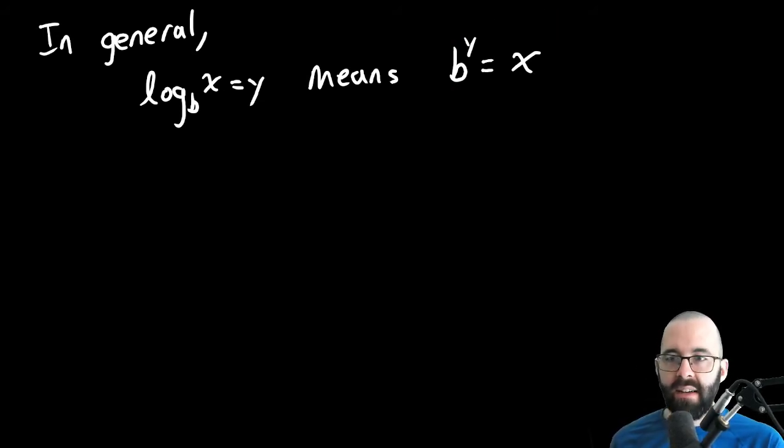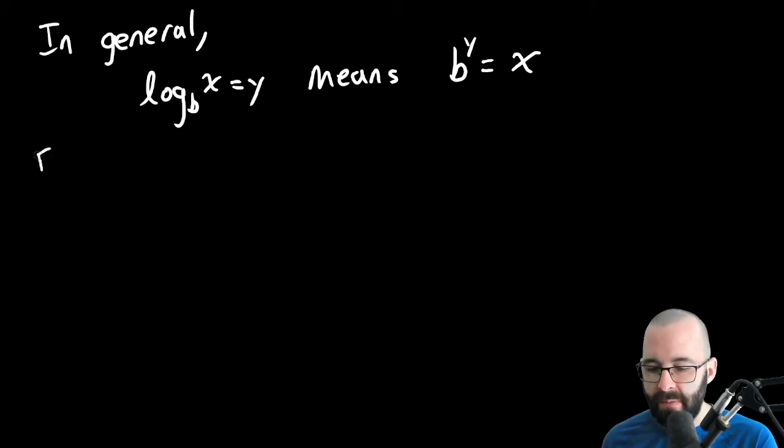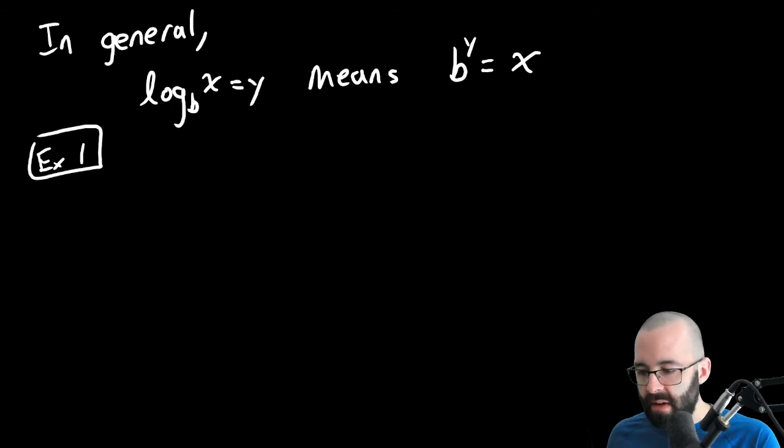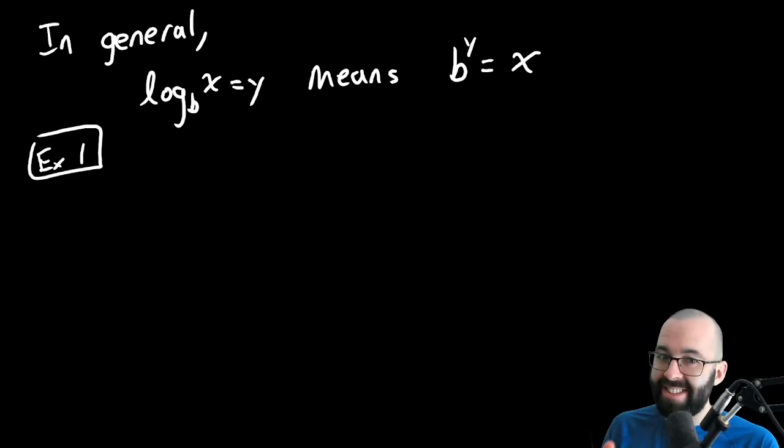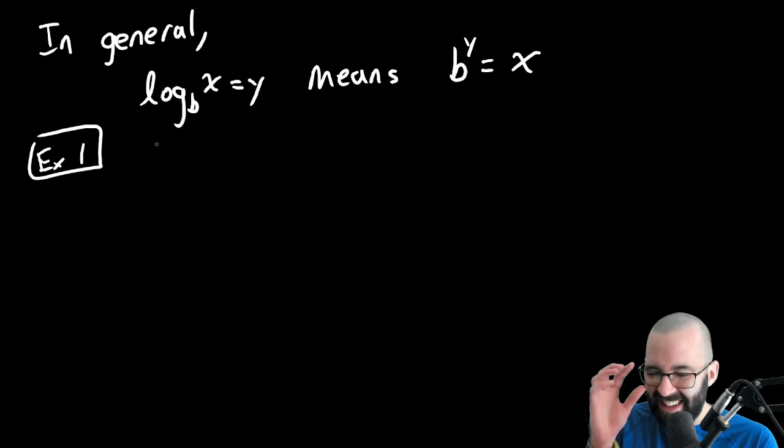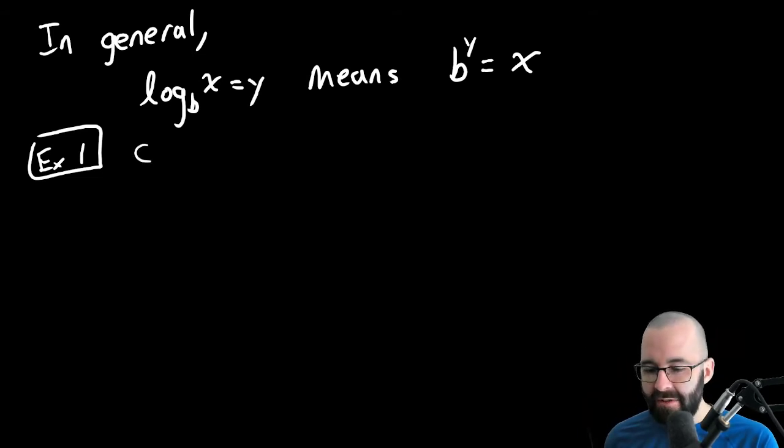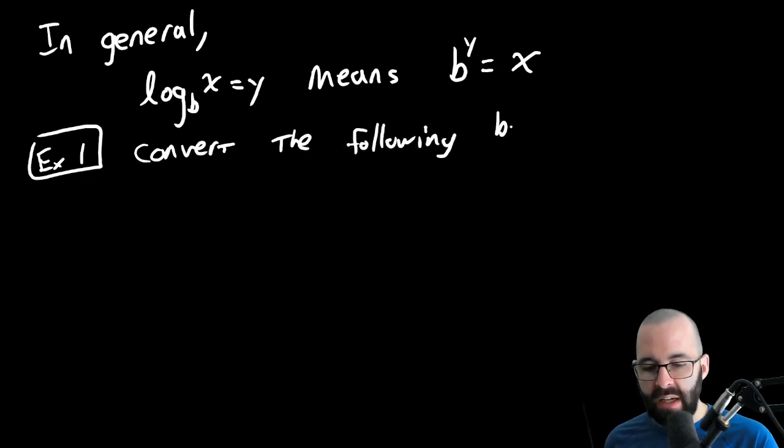So let's see this in more concrete terms with example 1. And graphically, you can see a lot of stuff here too, but that's next section. Convert the following between logarithmic form and exponential form.